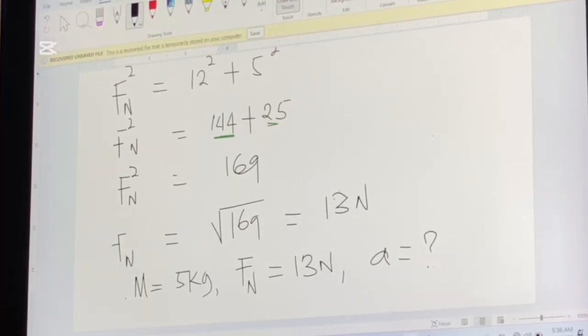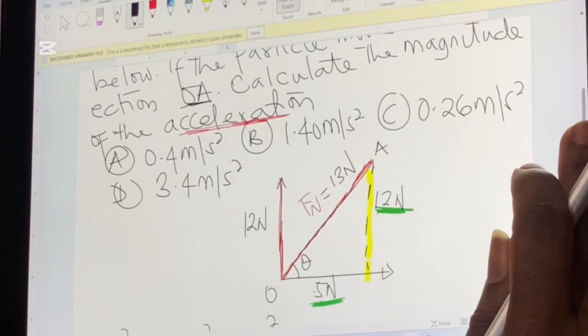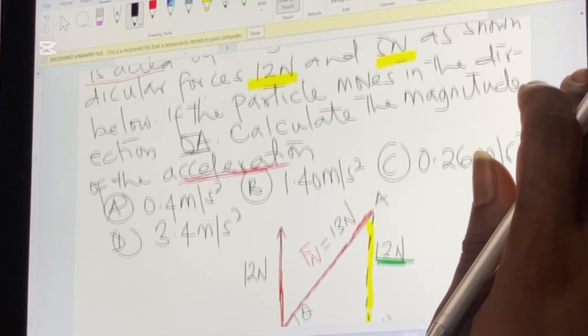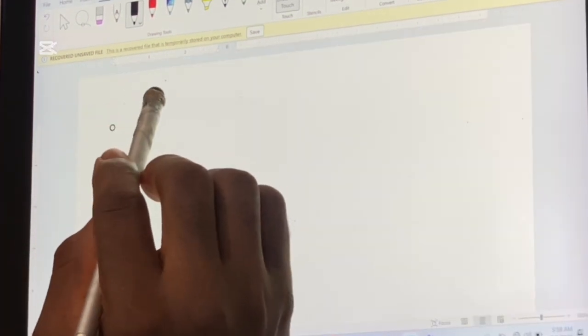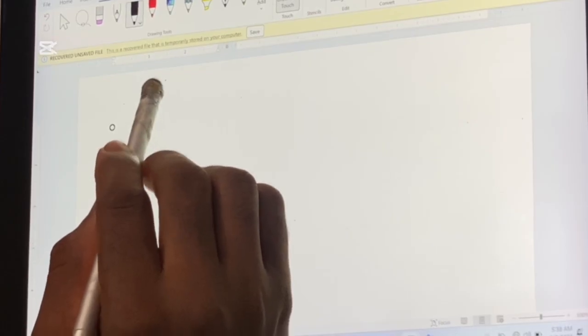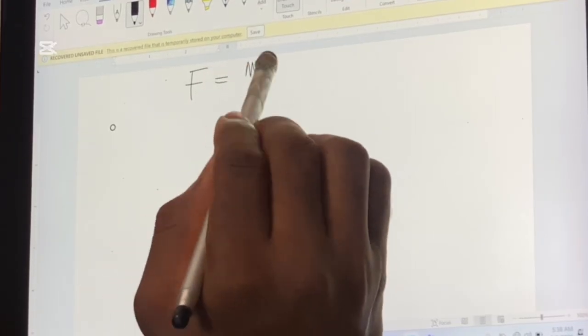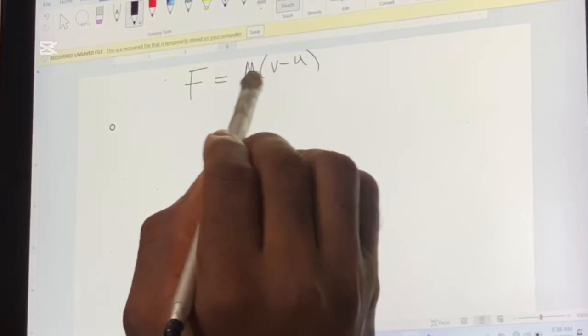So class, in case you have not watched most of our videos on Newton's second law of motion, all you have to do is to watch the videos to get most of the formulas related to Newton's second law of motion, okay? The first formula related to Newton's second law from the statement of the law is this: F is equal to m into v minus u over t.